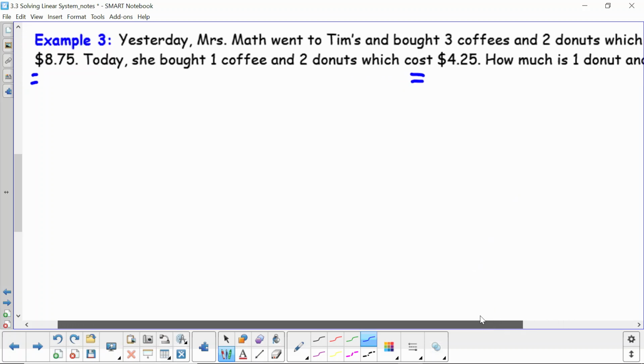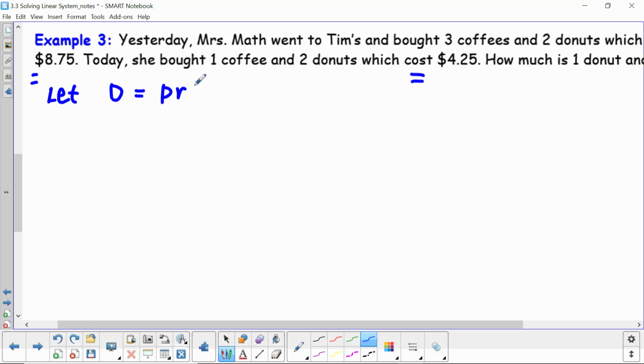So now we are going to let D equals price of 1 donut, the unit price. And let C equals price of a cup of coffee.